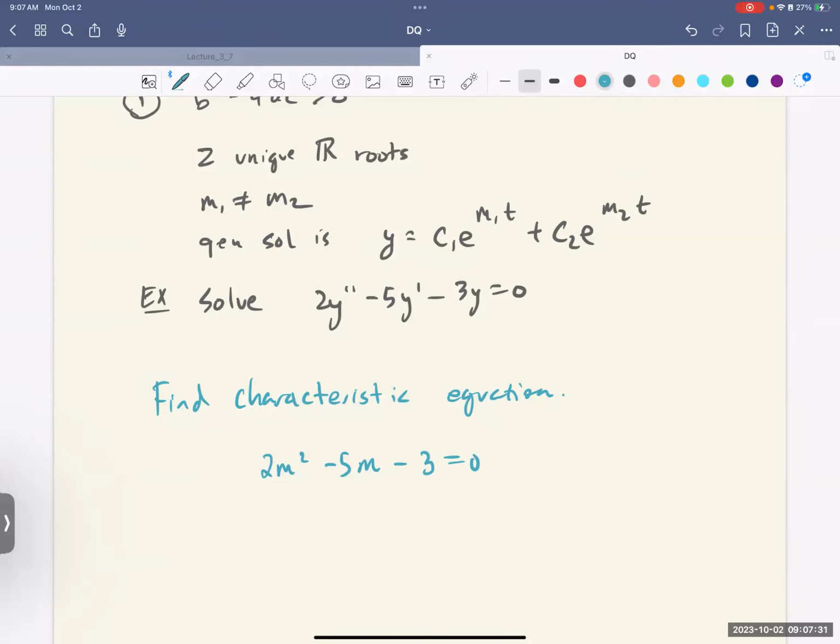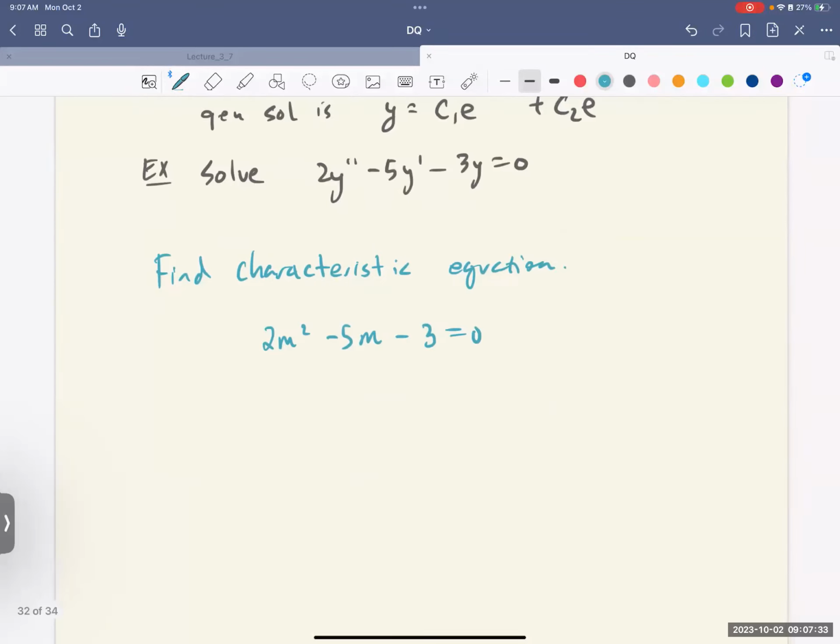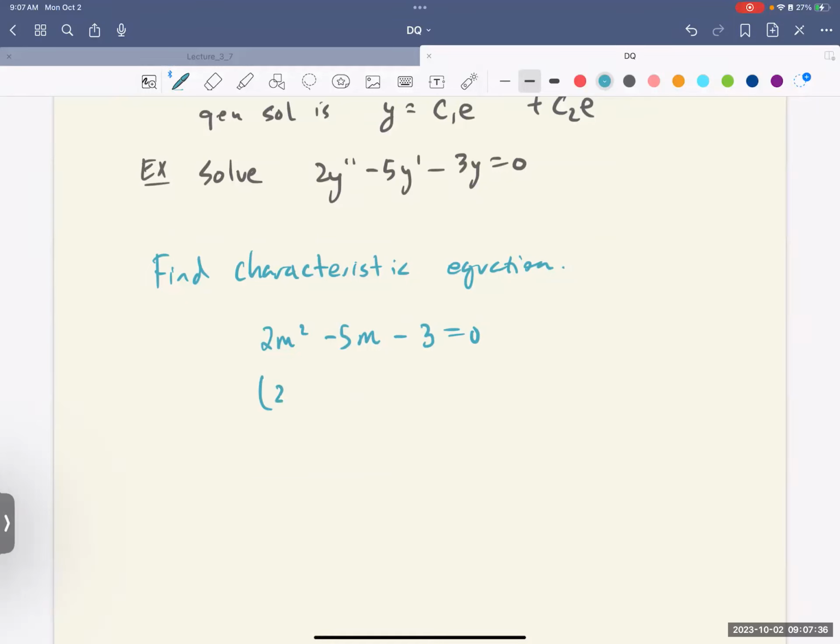We're going to factor that to find our roots, and that would factor into 2m plus 1 and m minus 3. This tells us that m is negative 1/2 and m is 3.